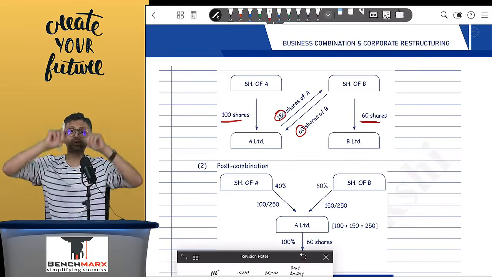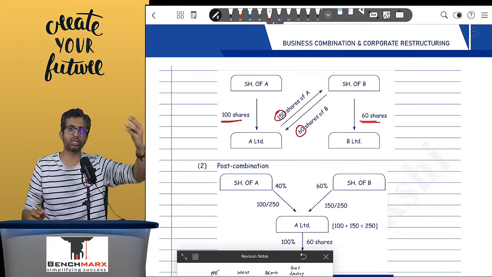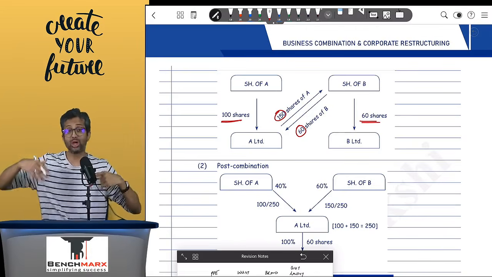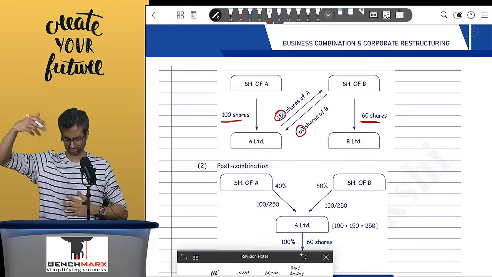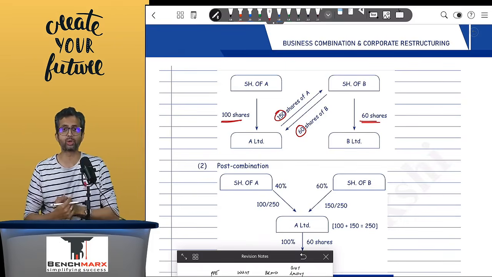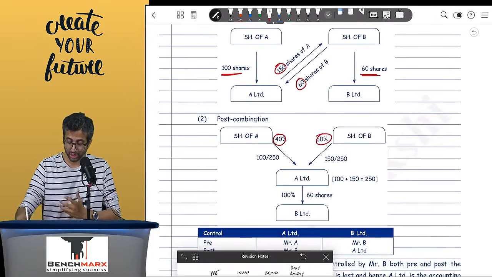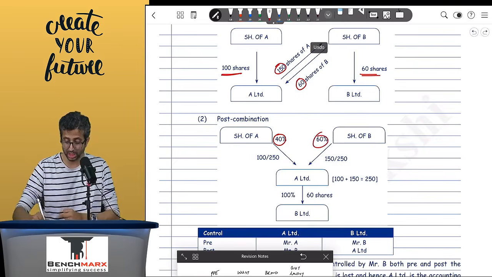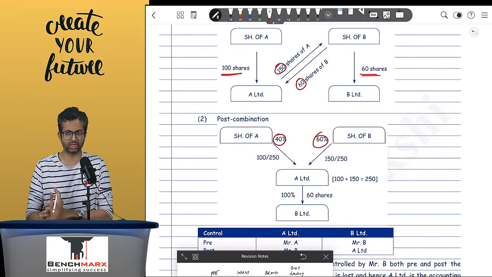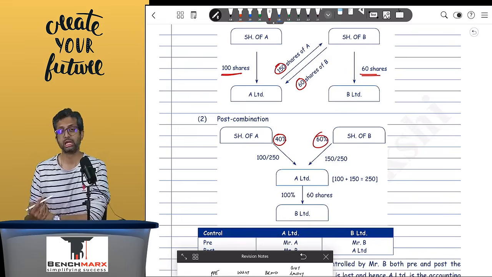However, if I look at the shareholding pattern of A, 100 out of 250, that is only 40%, is held by the shareholders of A, whereas 150 out of 250, which is 60%, is held by shareholders of B. And as a result over here, we can see that the control of the business of B continues to be with B's shareholders, as the control of A's business is actually shifting.